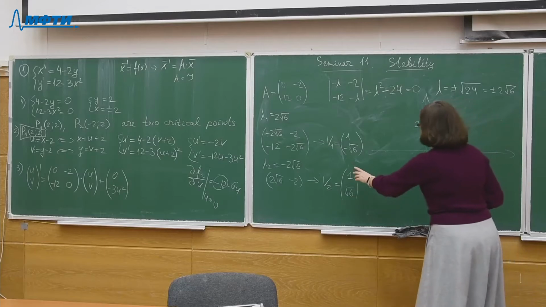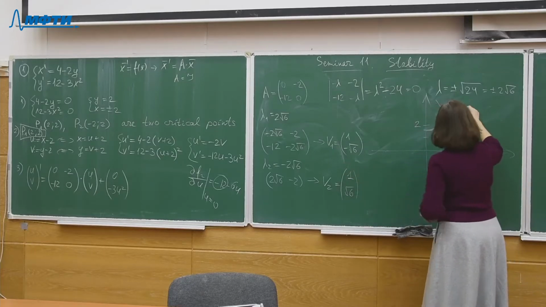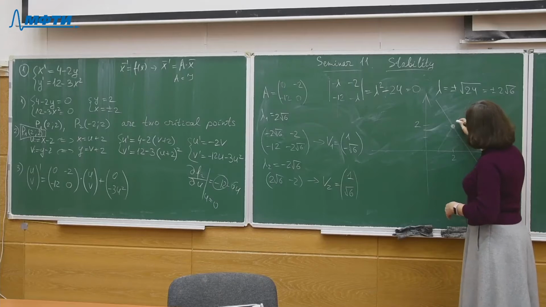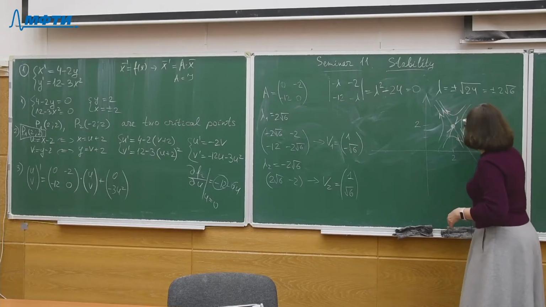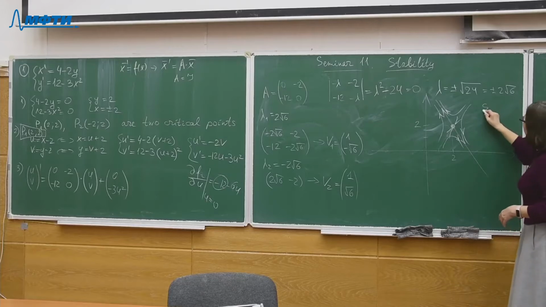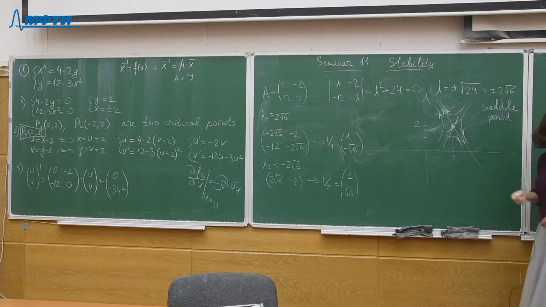If we approach this point from the direction determined by V2, we will approach our equilibrium this way. So we have the phase portrait, which looks like this. This is a saddle point.